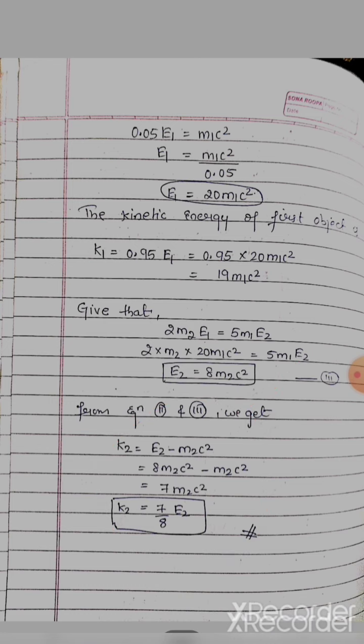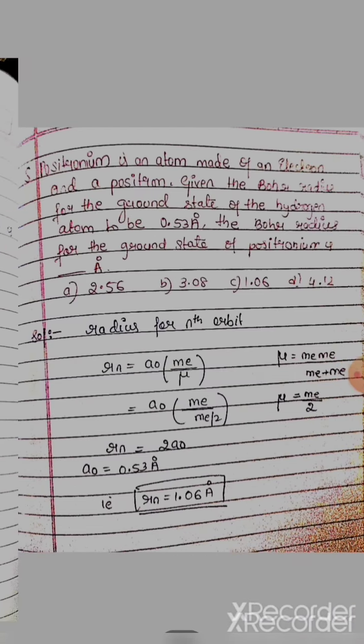Okay, for these types of questions you normally need the practice of solving questions with patience, step by step. So it was not difficult to find the value of K2 if you were aware of this concept and how to proceed. Okay, next let's move on to the next question.